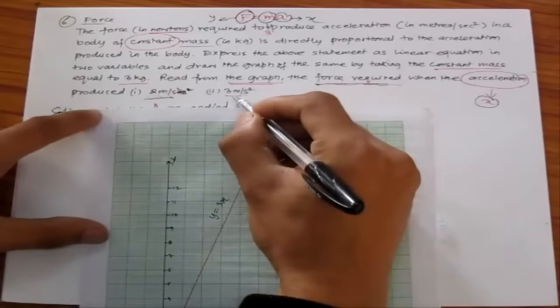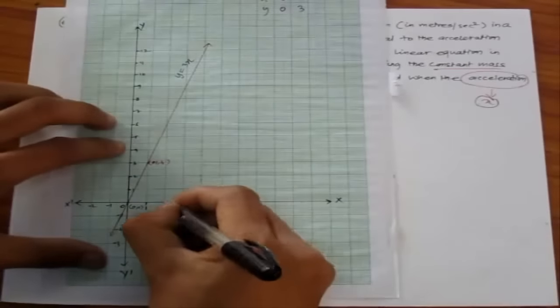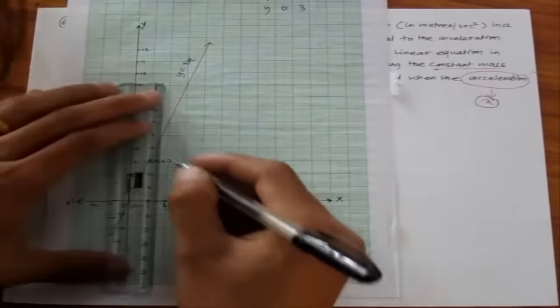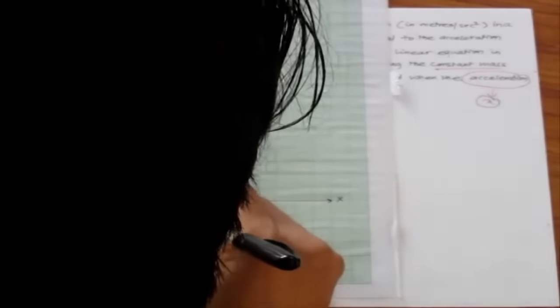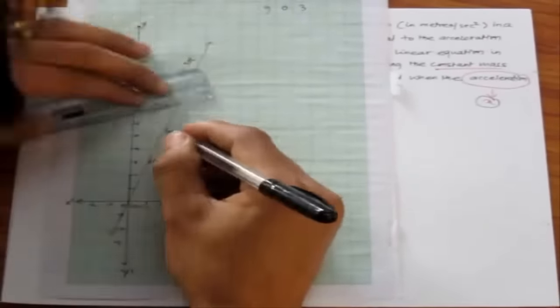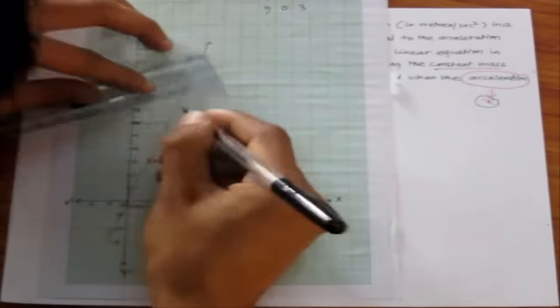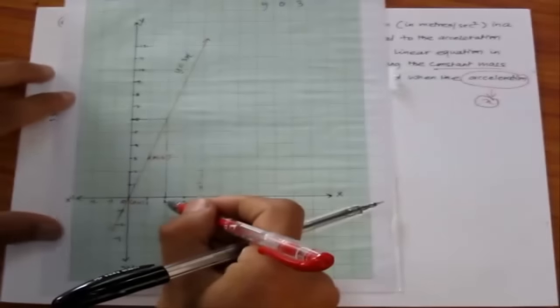First, when x equals 2, draw a dotted line through 2 until it touches the graph. It touches here, then turn left. So when x equals 2, we get y equals 6.